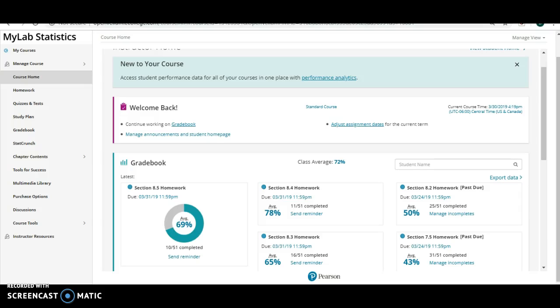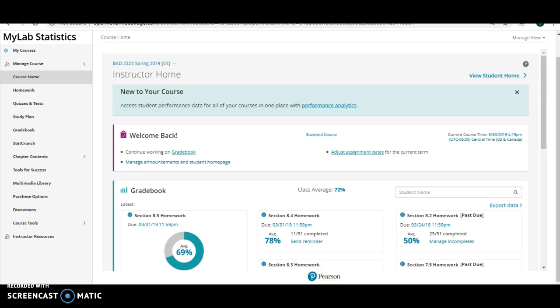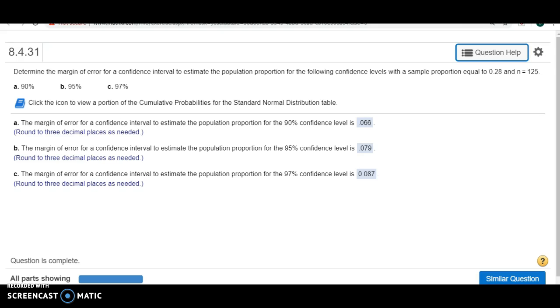Okay, we're going to look at a problem where you have to calculate the margin of error. Let me see if I can get to the problem. Okay, so I'm going to look at the last one, the 97% confidence level, and we're going to go over that one together.